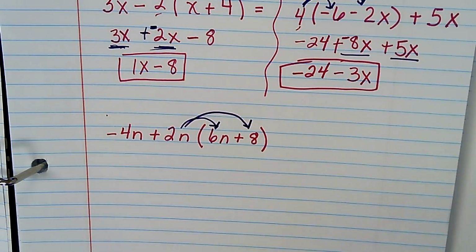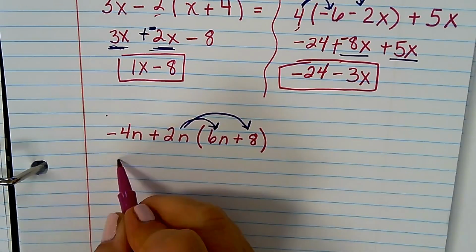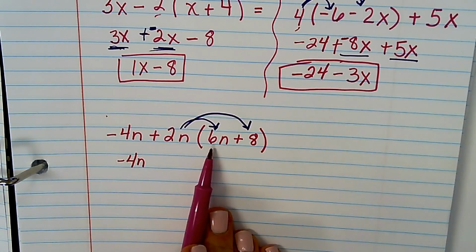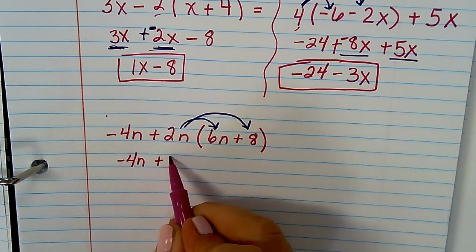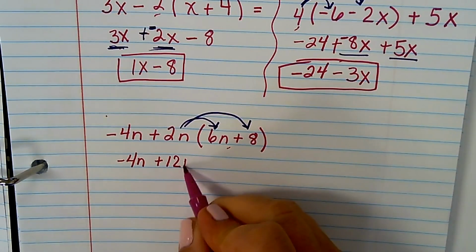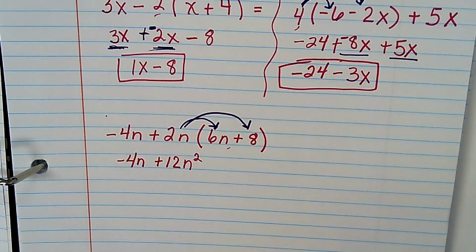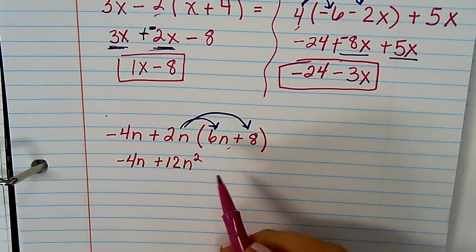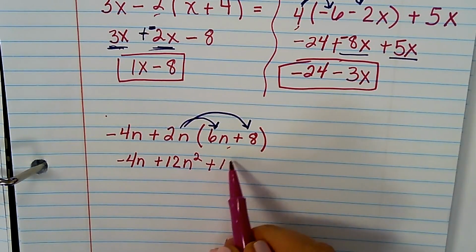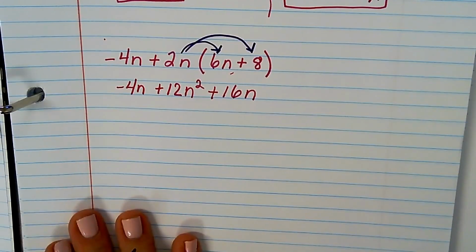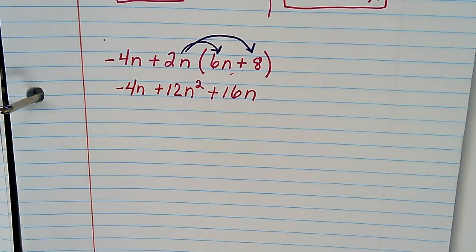Okay? So negative 4n, 2 times 6 is 12. n times n is going to be n squared. And then 2 times 8, positive 16, tag along the end. Do you have any like terms? Yes.